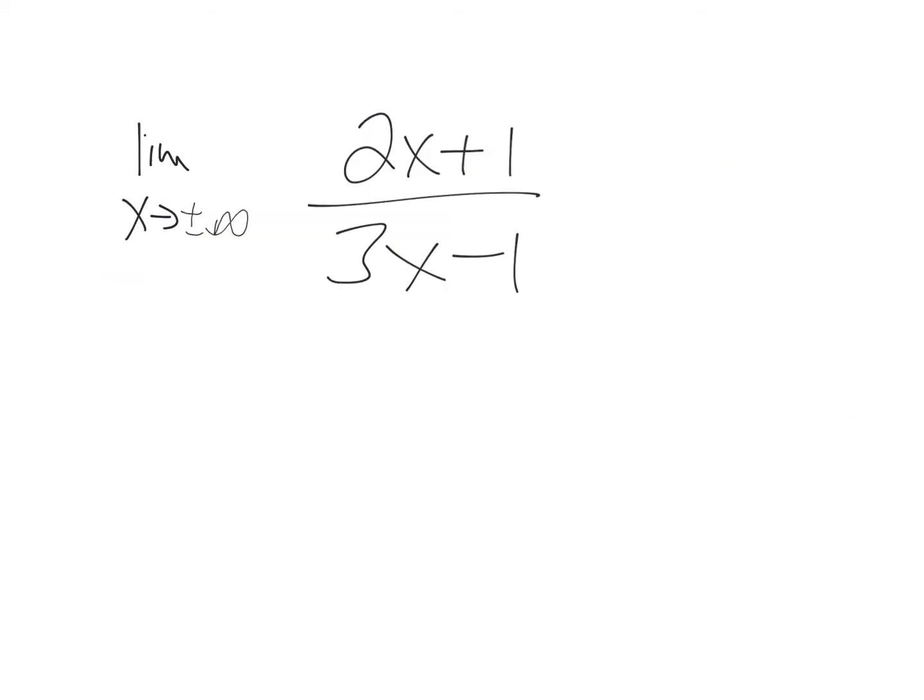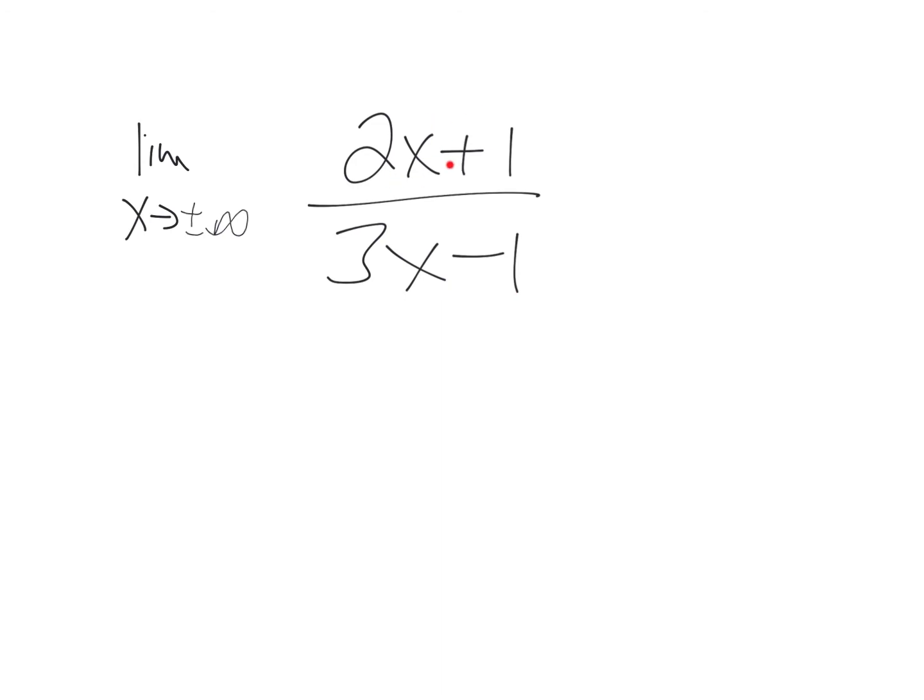Now we get into rational functions, and this is probably something you looked at in pre-calc. I know if you took my pre-calculus class, you certainly saw it. What happens is when we go out to infinity or negative infinity, the ones don't really matter, right?